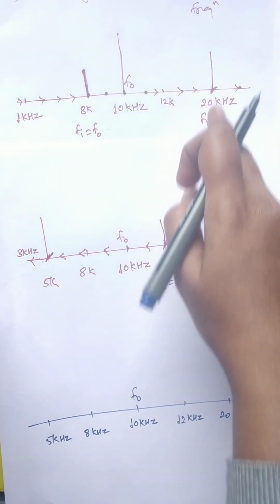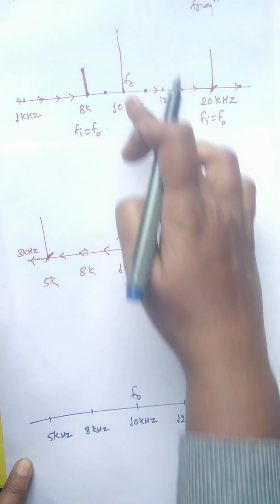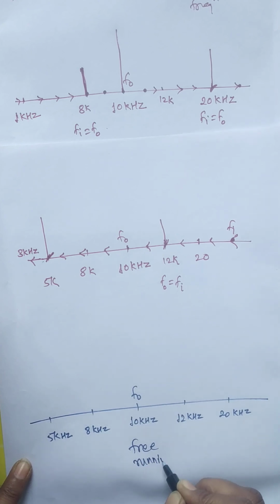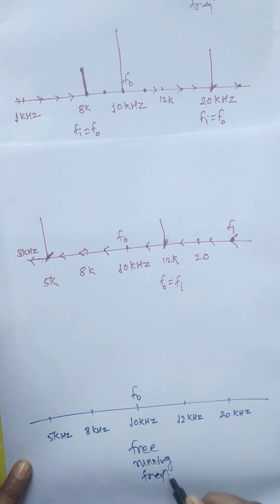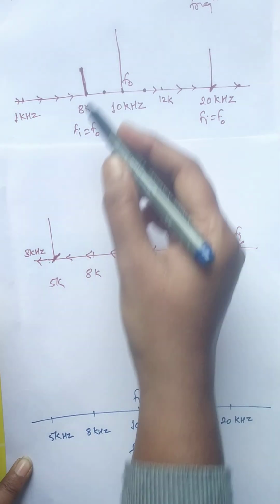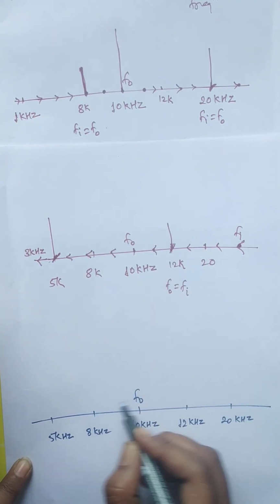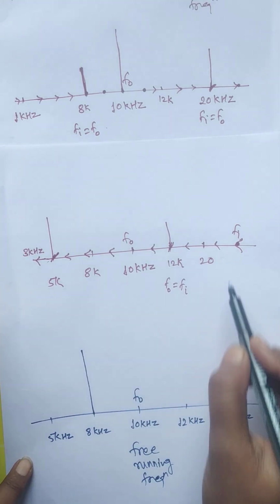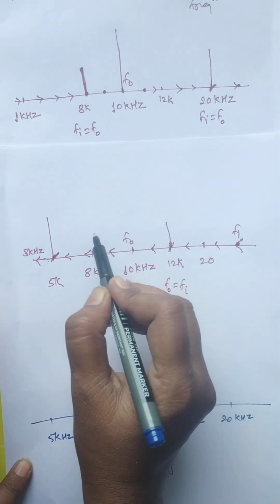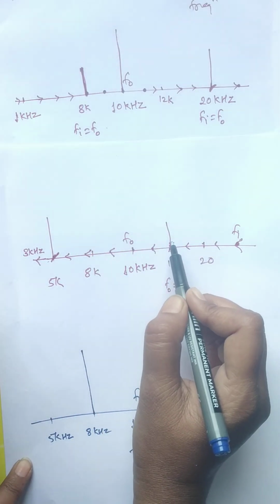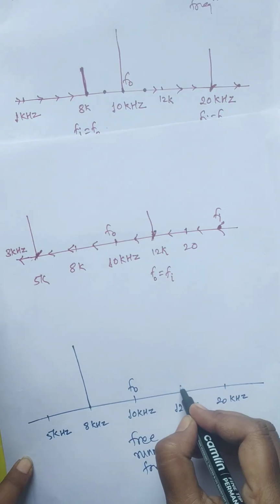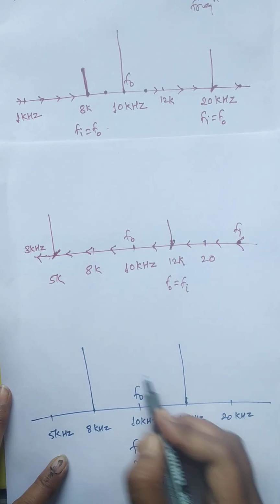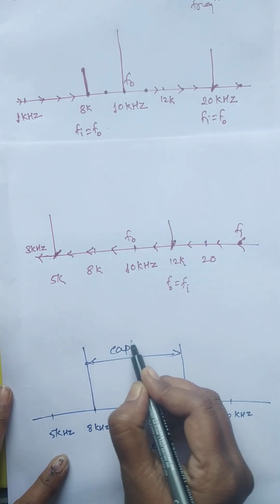F0 is the free running frequency. While increasing the input signal frequency, input and output become the same in frequency from 8 kilohertz, and while decreasing the frequency, the PLL has started capturing the input from 12K onwards in the downward direction. So 8 kilohertz to 12 kilohertz is called the capture range.